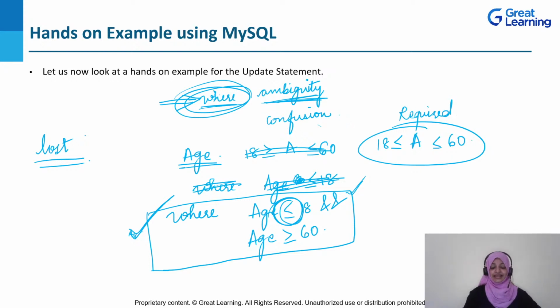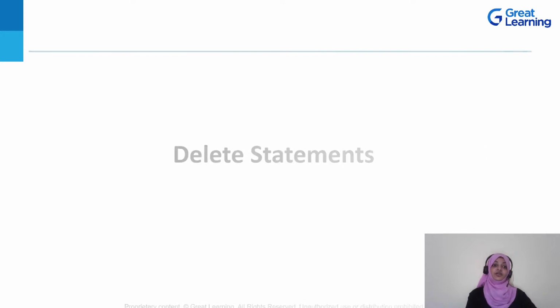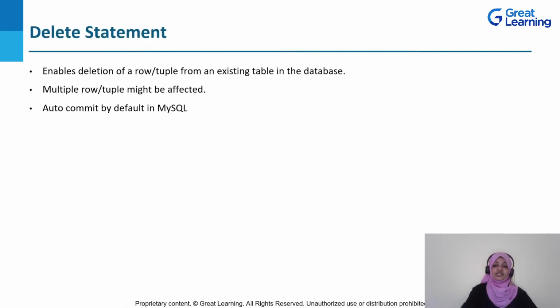All right. Next, let us go to delete statements. So, what are delete statements? Delete statements are all of those statements that actually help us remove data from the database. These are the most dangerous kind of DML statements, and we'll see why they are so dangerous. So let us first see what they do.